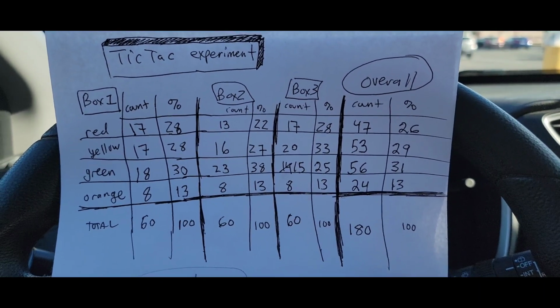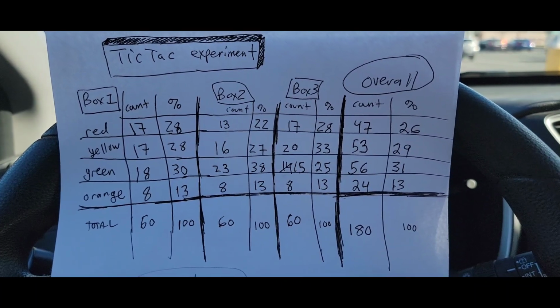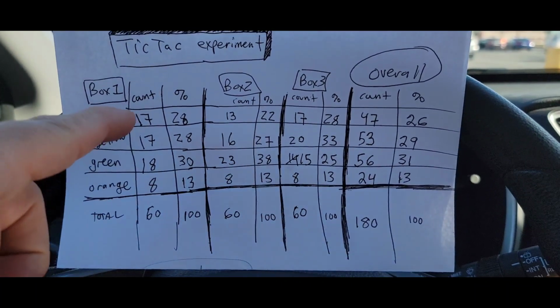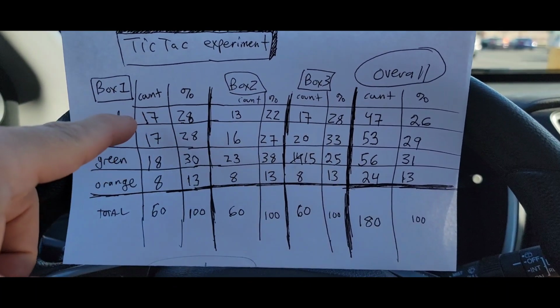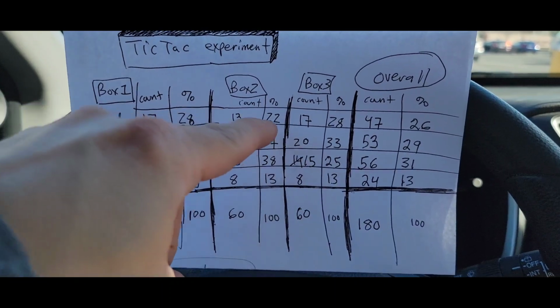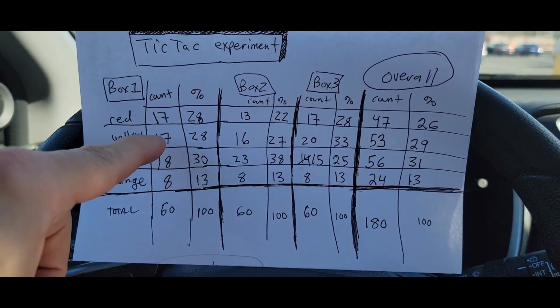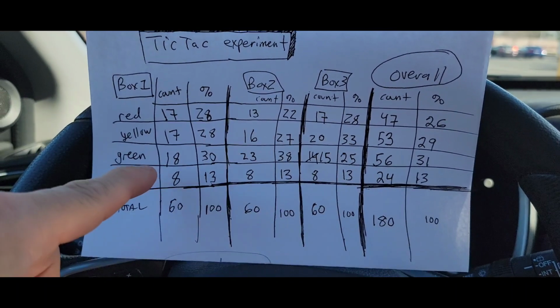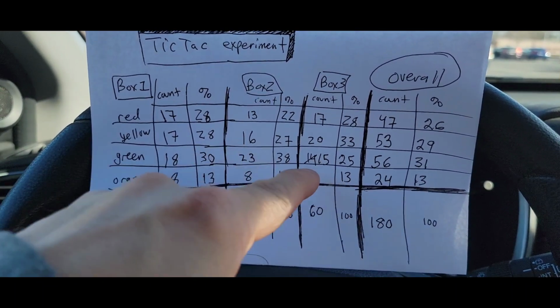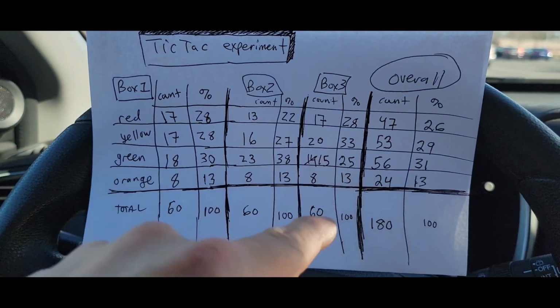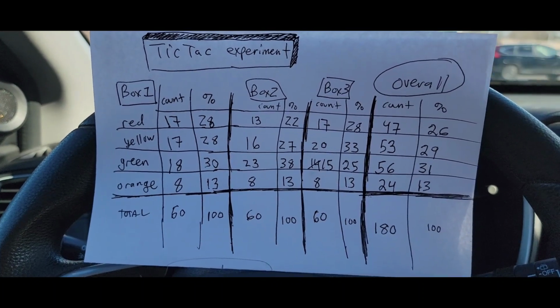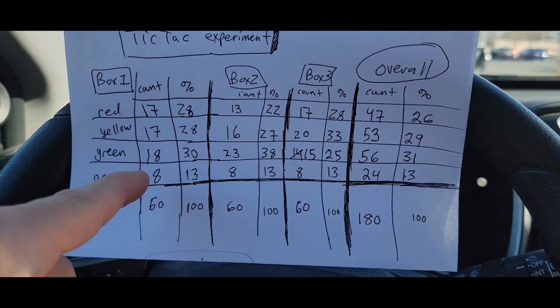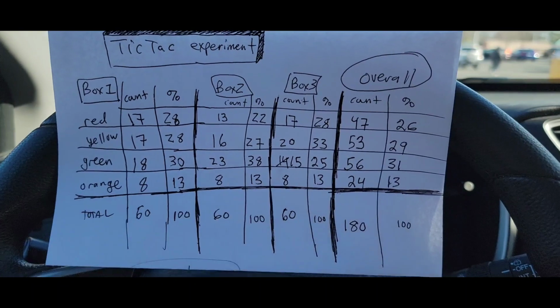So I thought that was pretty interesting, that the number of orange seems to be a constant, whereas the others have slight variation. You had 17 red, then 13, and then 17. Yellow, 17, 16, 20. Green, 18, 23, 15. So that seems to have some variation, but the orange, at least in these 3 samples, seems pretty fixed.